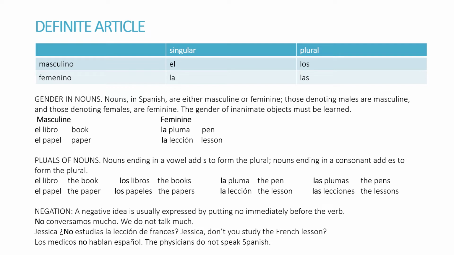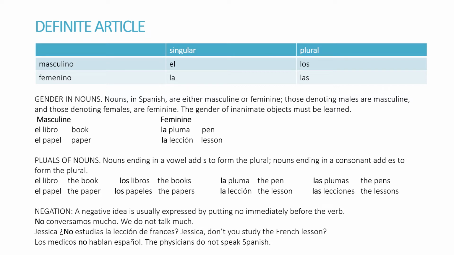Los libros, that's the plural. We add the letter S at the end. El papel, because it ends in a consonant, we need to add the letters E and S to get the plural. Los papeles.